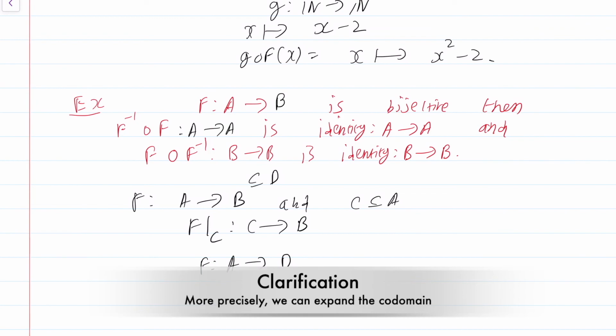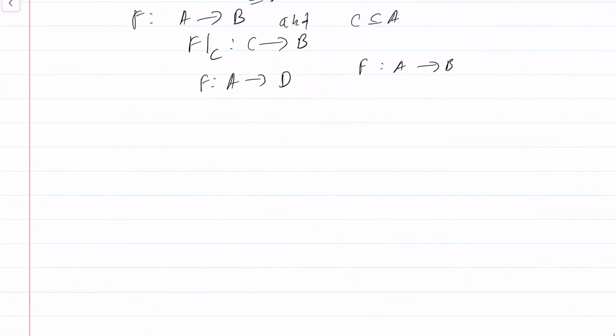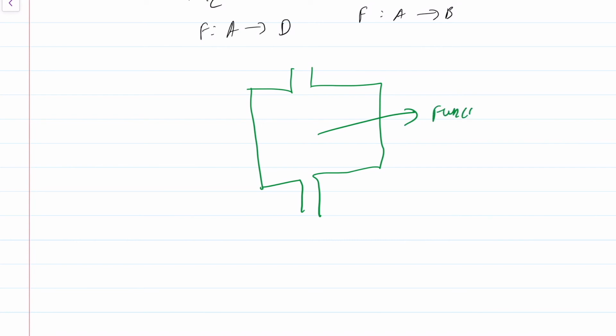Okay, so technically a function f from A to B has three components, which we can illustrate by a picture. We have a function apparatus, which is some function f, which you can think of as some machinery.